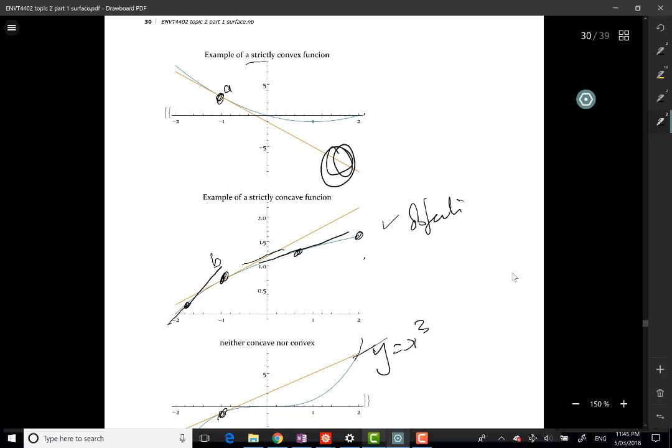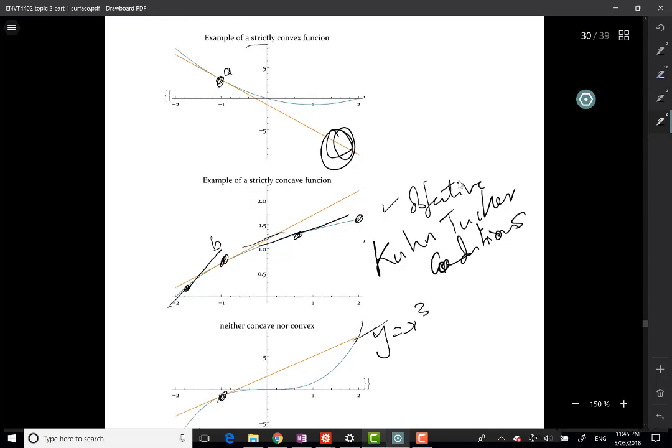And this turns out to be really important when we come on to looking at something called the Kuhn-Tucker conditions, because it makes life a great deal simpler if the objective function is either strictly concave or linear.